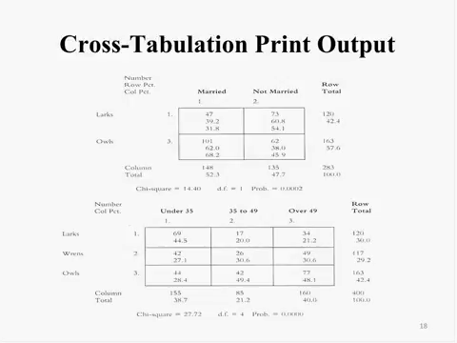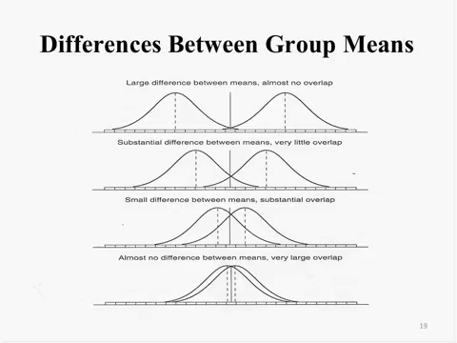Over on to slide number 19, we talk about the differences between group means. And we're going from the largest difference to the smallest difference from top to bottom. At the top, we see two normal distributions, and there is a large difference between the means. Almost no overlap.